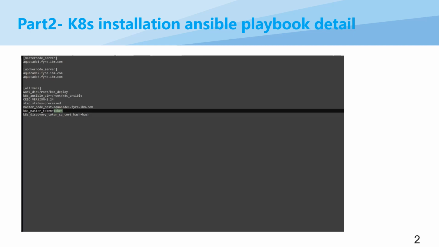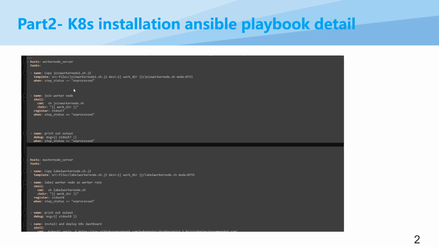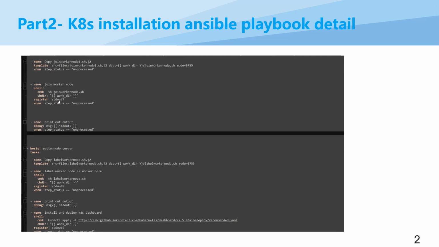And after that, the final cluster playbook. For all the worker node servers, we use those variables to join all the worker nodes to the cluster, using the join worker node shell. You can check this shell.